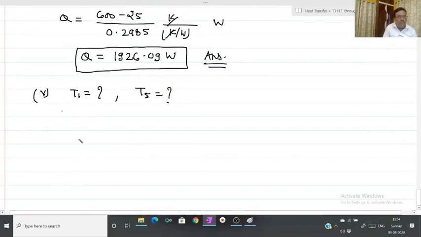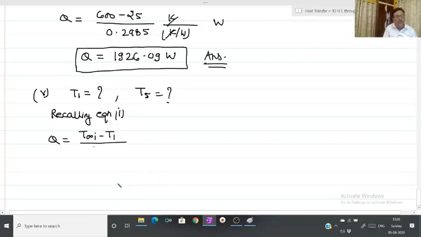So here I will be writing, recalling equation 1. Let us reproduce that equation. Q is equal to T infinity I minus T1 over RT infinity I. The value of Q is 1926.09. Value of T infinity I is 600.